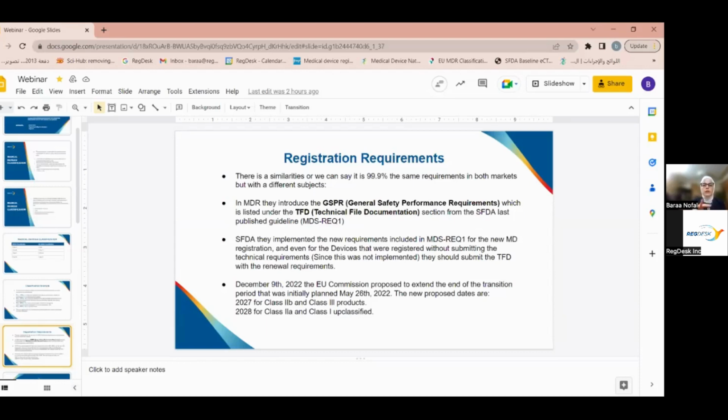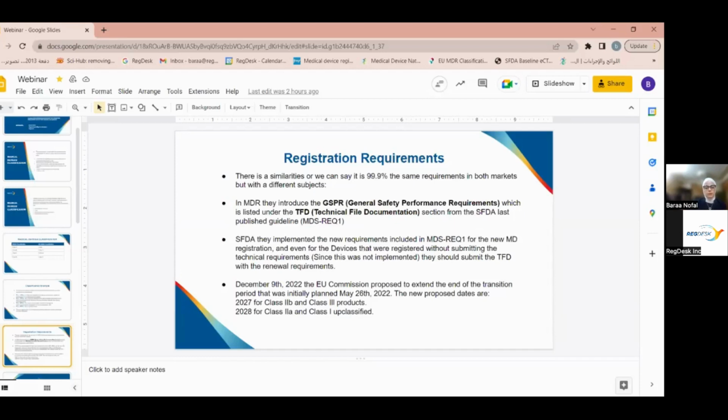And before talking about the major requirements for the file, you need to obtain a medical device national registry number, MDNR, via the MDNR website, because this is the first step when you need to submit for registration with Saudi FDA. When you get the MDNR number, this does not mean you have approval to market your product or to import your product to Saudi Arabia.